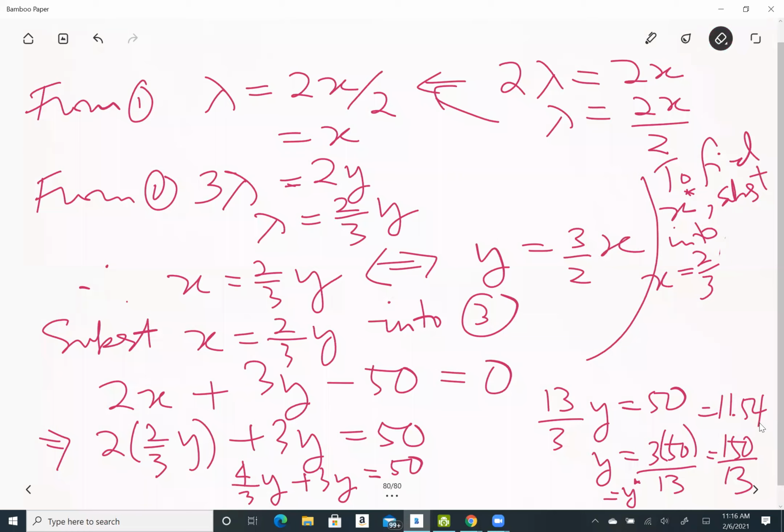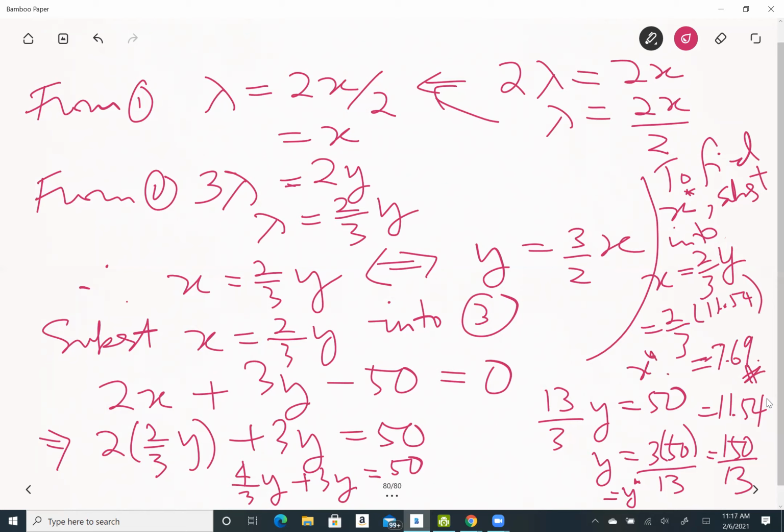Like I said, it is better to write more step than less step. Equal to 2/3 multiplied by 11.54. Dapatlah. Berapa dapat? 7.69. Okay. 7.69.